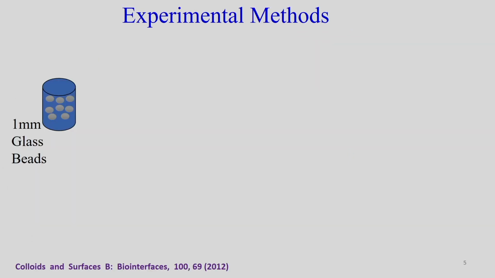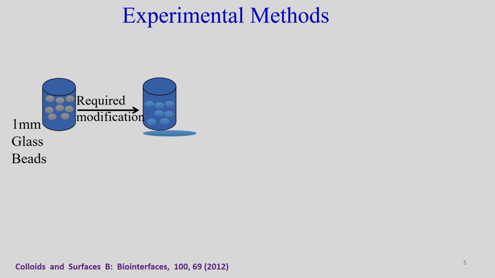So, we will discuss how we choose the different surfaces. This work has been published in Colloids and Surfaces B. We took some glass beads of 1 mm size, and their surface was modified to change its wettability or hydrophobicity.